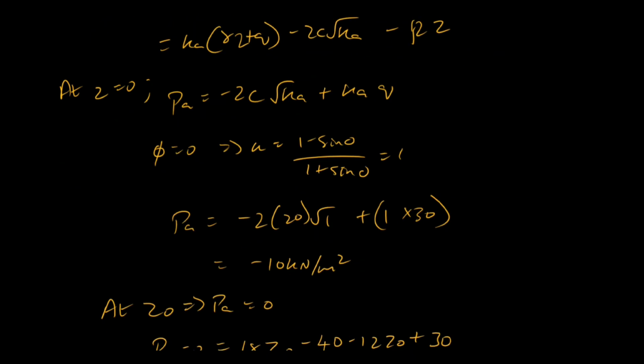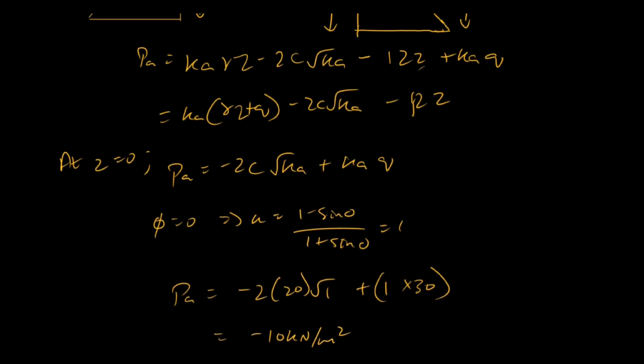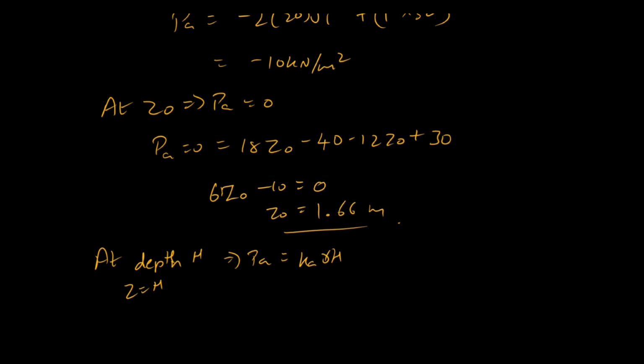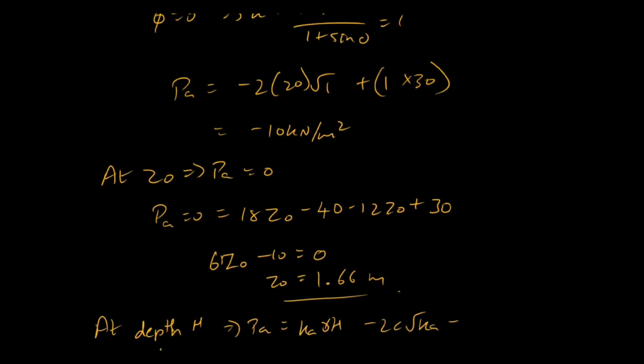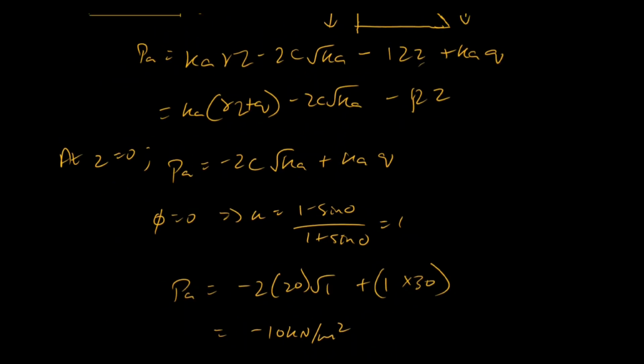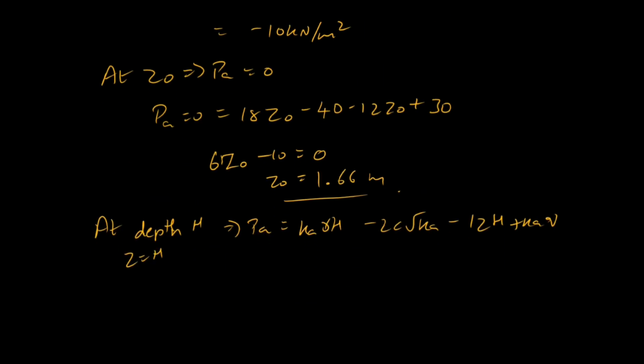PA will be equal to Ka gamma H minus 2C root Ka minus 12H plus Ka Q. So with this we get Ka gamma H, which is 18H, minus 2C root Ka, which is 40, minus 12H plus Ka Q, which is 30.